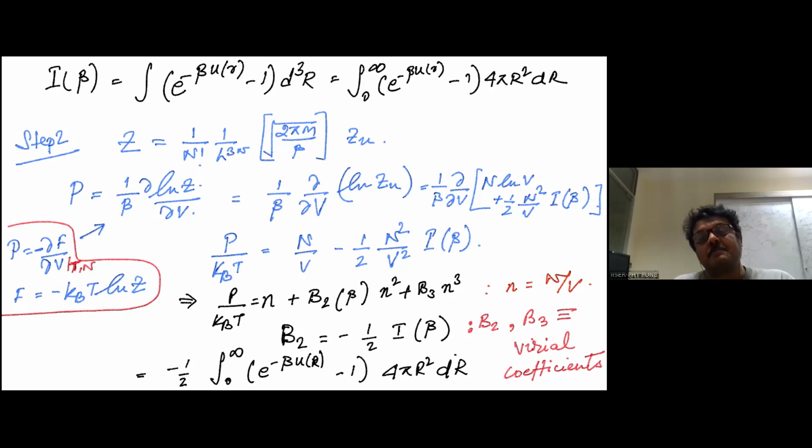If you use a better, more detailed analysis of the interaction, two body, three body, four body interactions, then you will have other terms, microscopic expressions for B2, B3, B4, and so on.